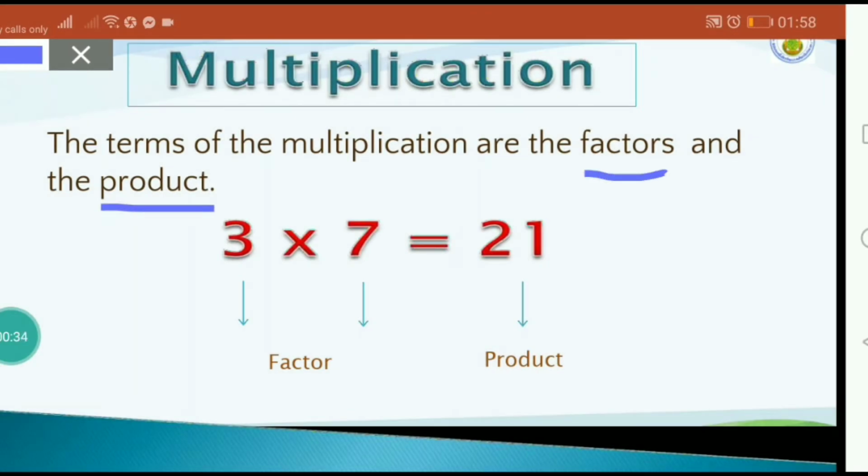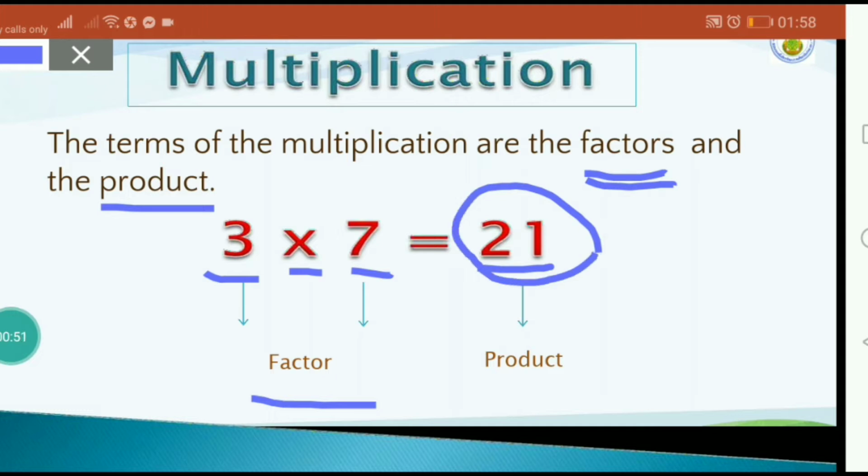So for example, we have 3 times 7 is equal to 21. So again, 3 and 7 are what we call the factors.